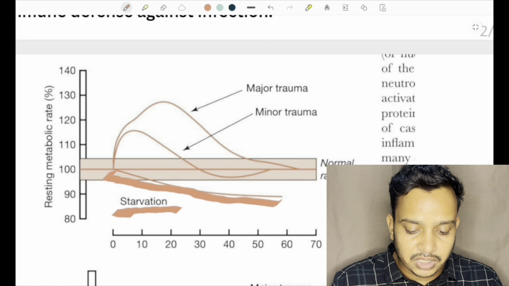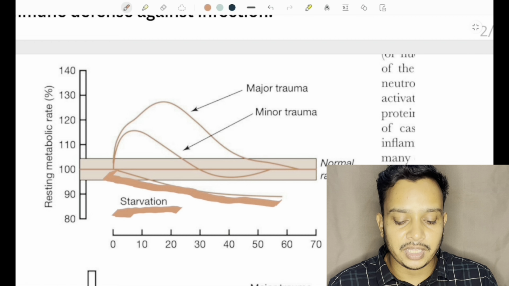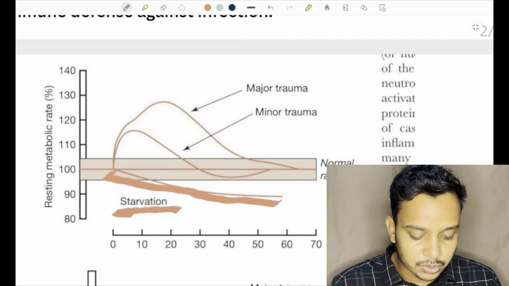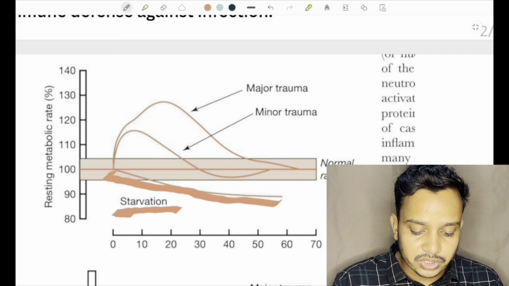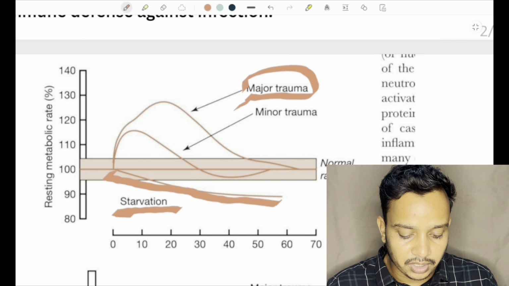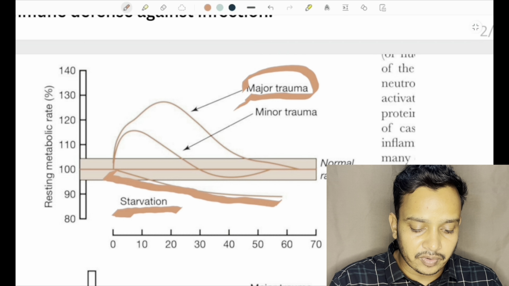But whenever the patient's body has minor trauma, major trauma or surgery, the metabolic response increases. If there is a minor trauma, the metabolic response increases. If there is a major trauma, the metabolic response increases further. So this graph shows our resting metabolic rate, which is the body's capacity in daily activities.